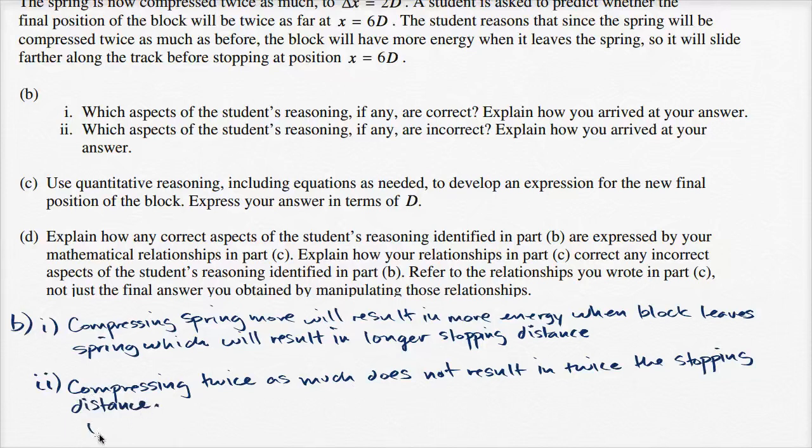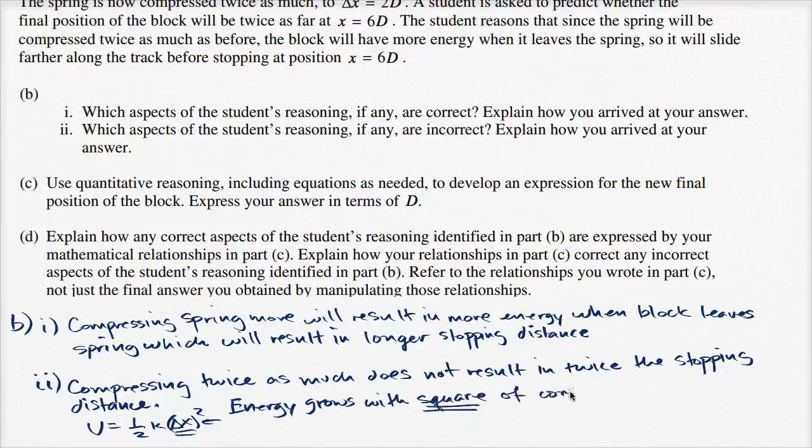We know that potential energy is equal to 1/2 times the spring constant times how much we compress squared. So we can say that energy grows with the square of how much we compress it.